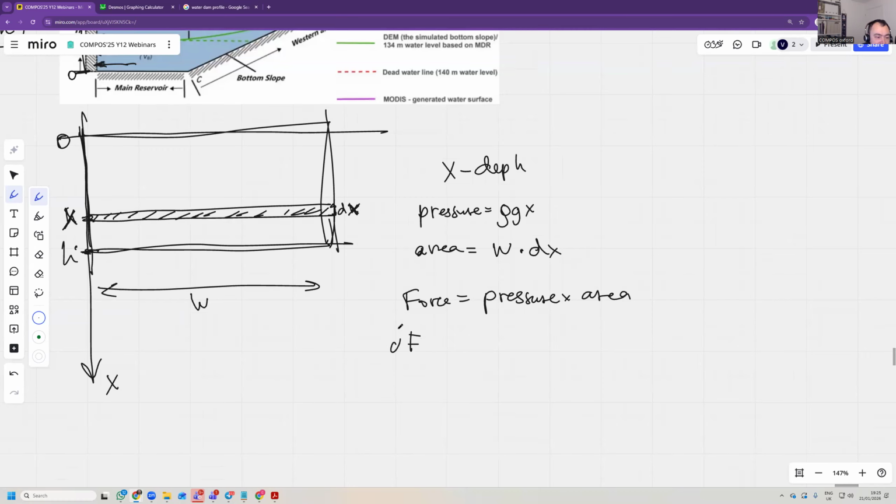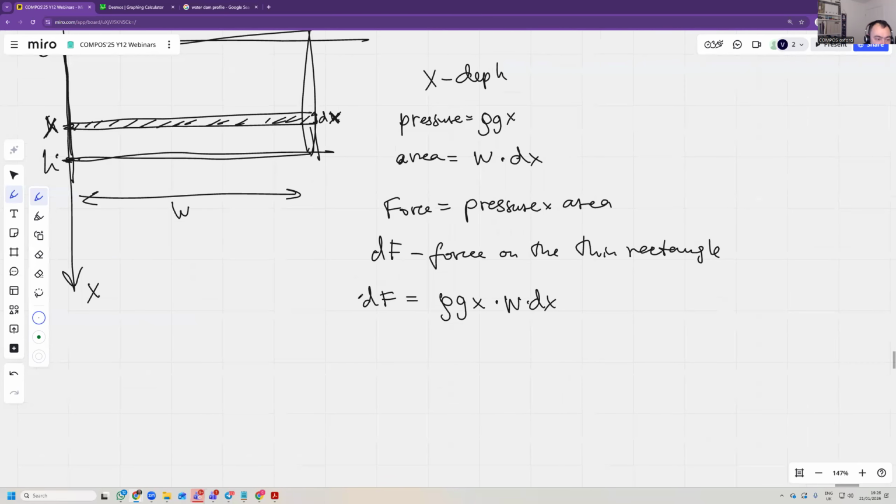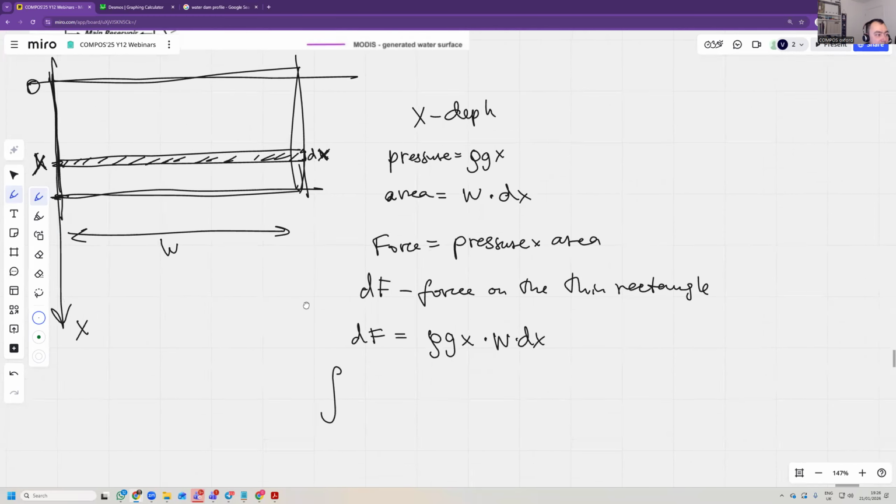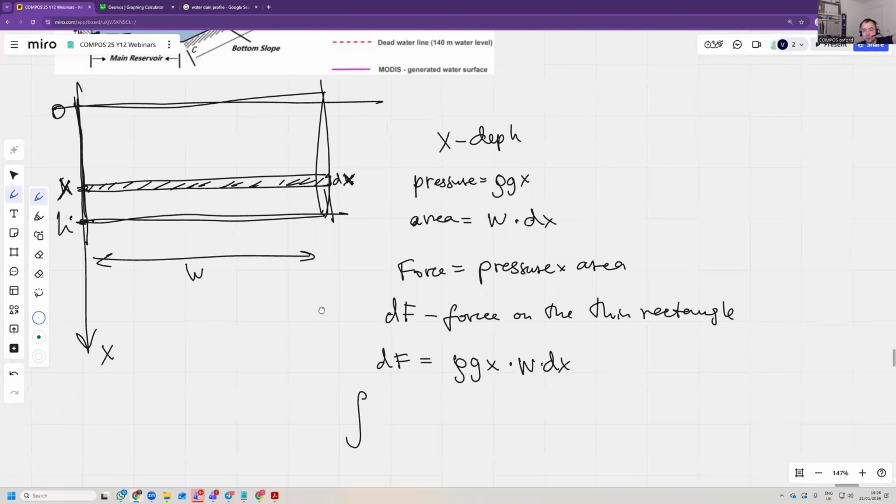So dF is the force on the thin rectangle. So dF is equal to the pressure, which is rho gx, multiplied by the area, which is W times dx. And then you can integrate both sides. When x is 0, the force is 0.